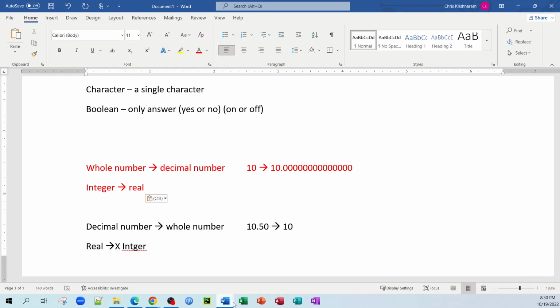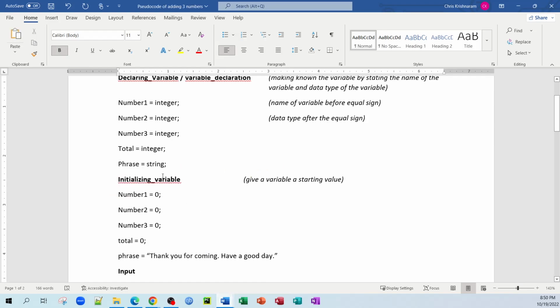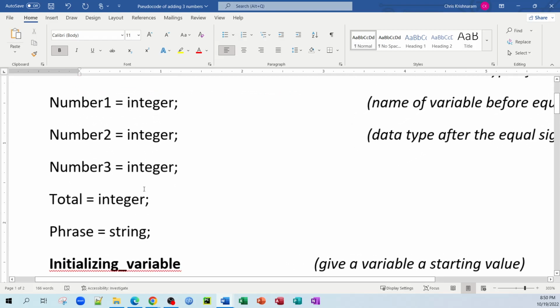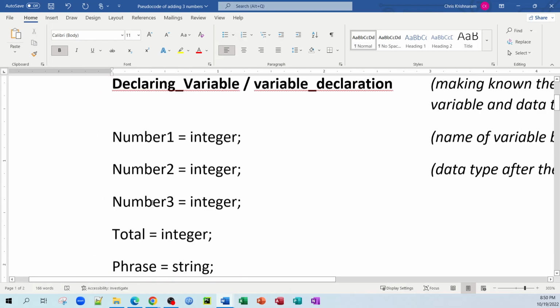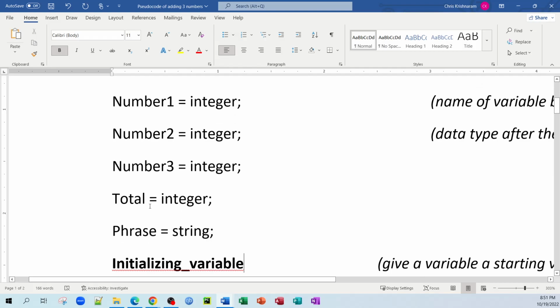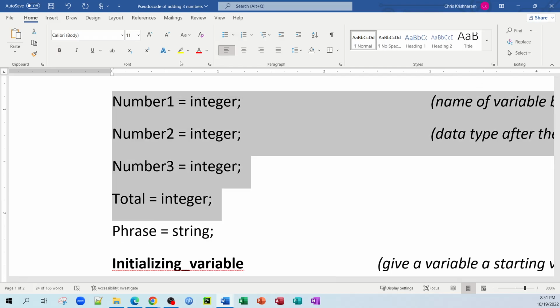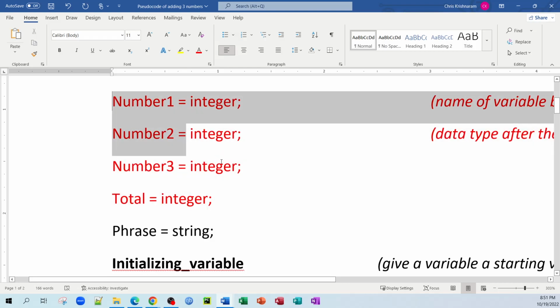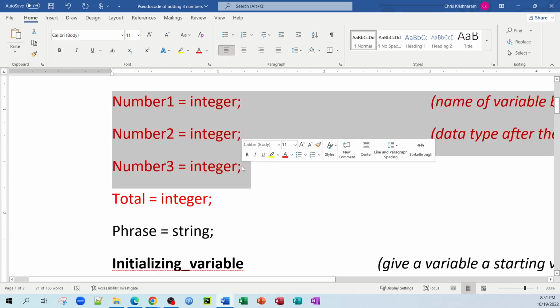So what I'm getting at is, for instance, if we go back to our algorithm, our pseudocode that we're creating, right here where we are declaring these variables. Just focus on these 4 variables here. These 3 numbers here are integers.